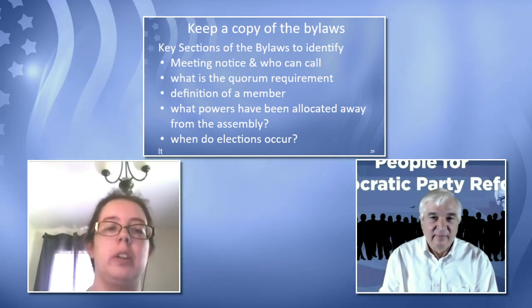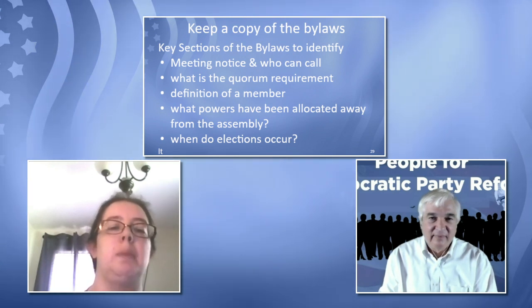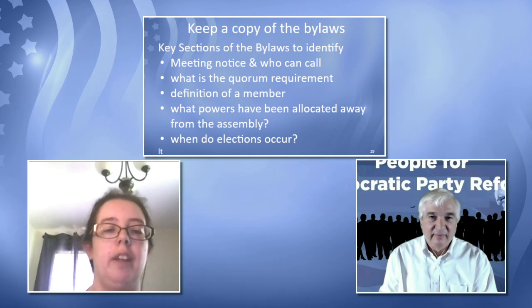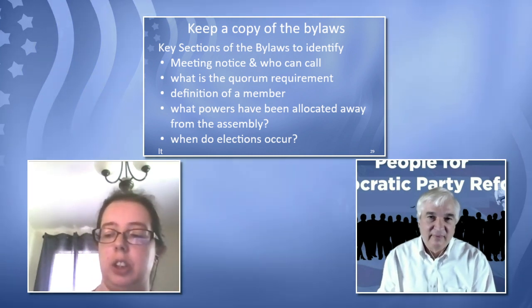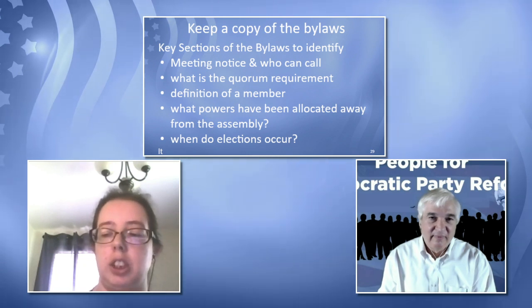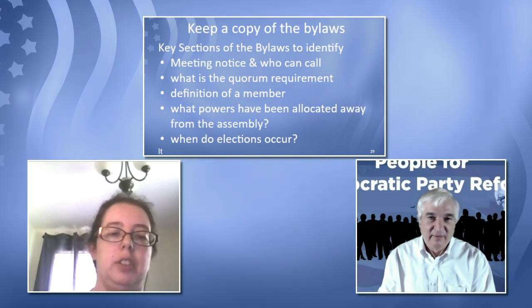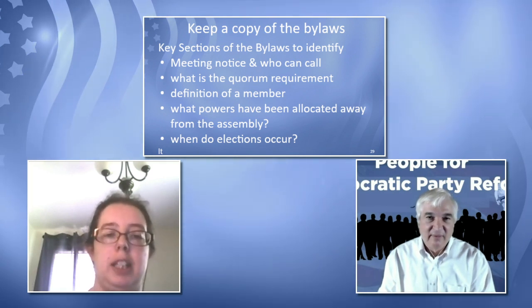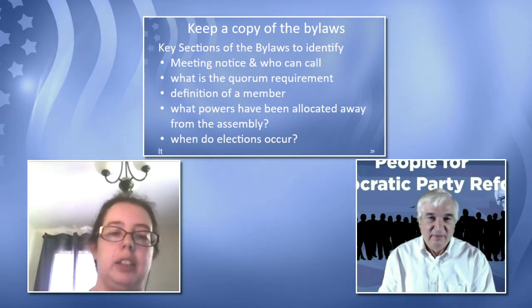Because if you're only meeting quarterly, well, there's stuff that happens in between those meetings, and there does need to be some authority divided out to a smaller body to be able to make those decisions. So not all division of power is bad per se, but you do need to be aware of who has the authority to do what and make sure that it doesn't get too lopsided.